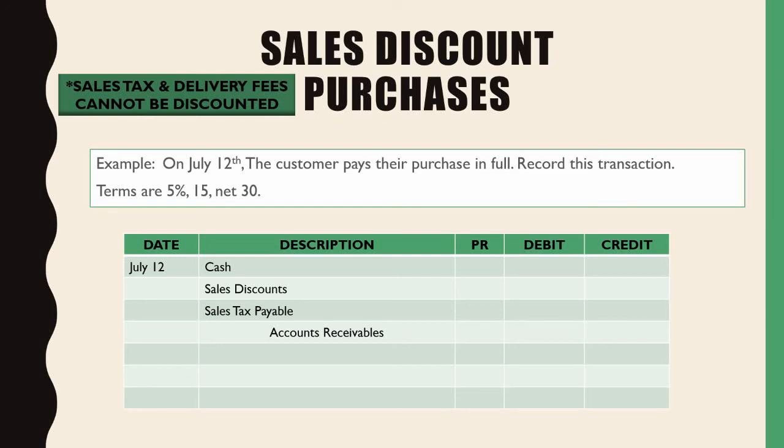Go ahead and calculate that real quick. What is 5% of 82.50? $4.125. Exactly. In this case, we're not discounting the taxes.